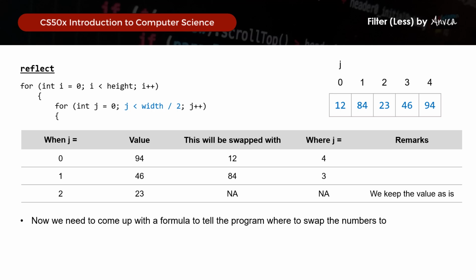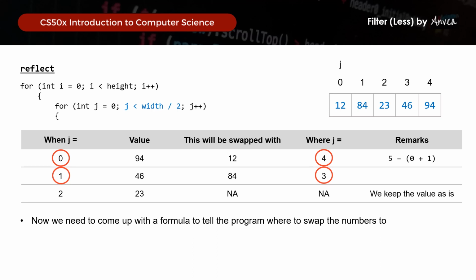Now we need to come up with a formula to tell the program where to swap the numbers to. For the first row, where we swap 94 and 12, you can see that when j equals 0, we are swapping the values with the pixel at j equals 4. And moving on, when j equals 1, we are swapping it with the value where j equals 3. So we can actually see a pattern. For the first row, you get j equals 4 by taking the width of the image, which is 5, minus j, which is 0, plus 1.